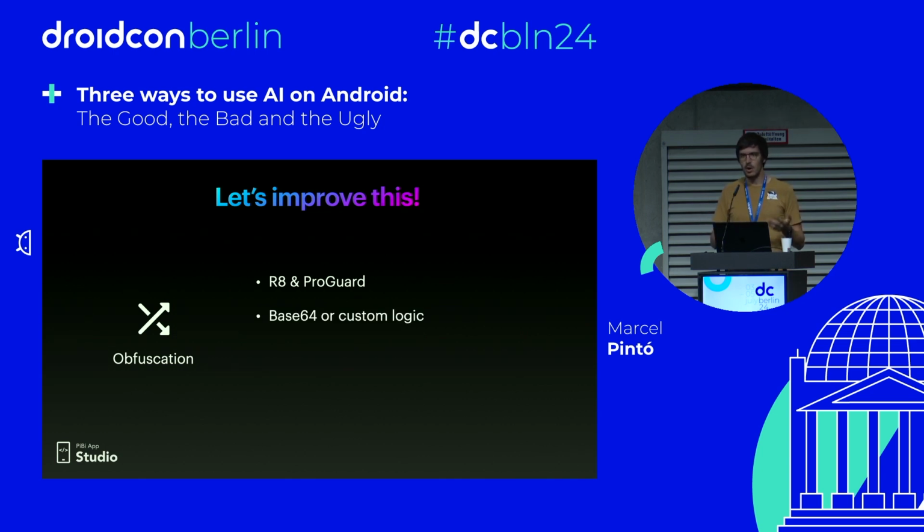We could apply our own obfuscation, right? We can take our key, do a base64 encoding, or add some more custom logic to it. But this custom logic is going to be in your APK, because you need to decrypt it before you pass it to the SDK, right? So whoever is looking at your code can find that out as well.